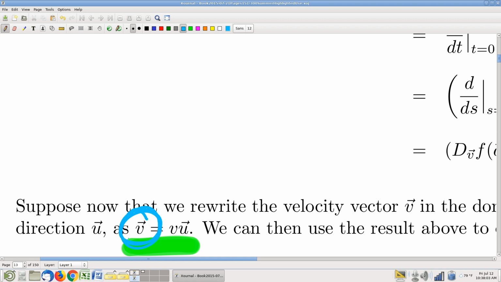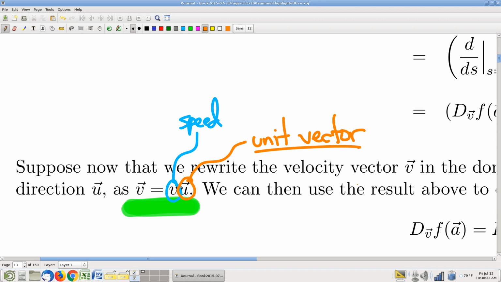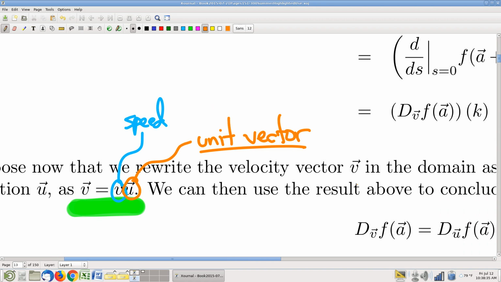Velocity vectors, after all, the magnitude is the speed. So let's think of that velocity vector as being speed times this thing that's left over, which is a unit vector. Well, now we have a velocity vector with a scalar factor, and we've got this brand new observation that scalar factors factor out of directional derivatives.